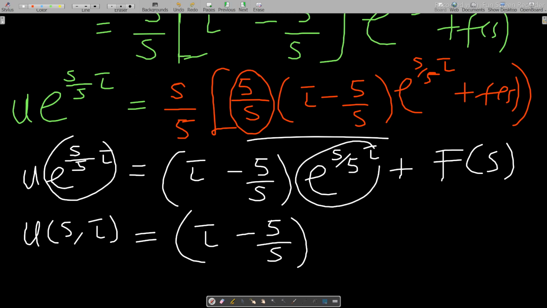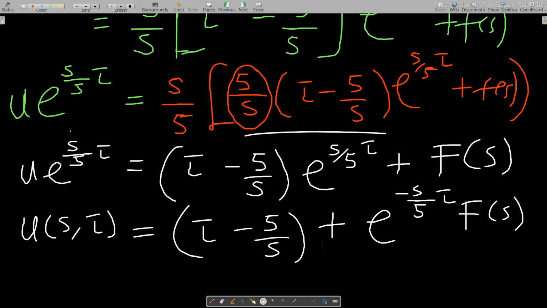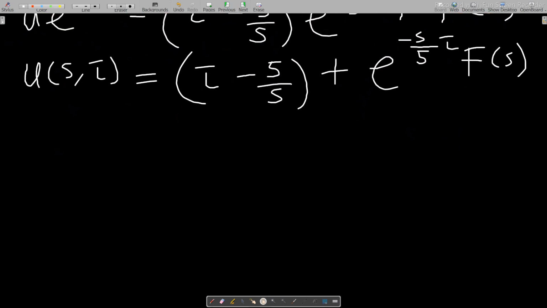And plus f of s divided by e to the power s over 5 tau, and I'll get e to the power minus s over 5 tau times capital F of s. Now this is what I have. This is my final answer.